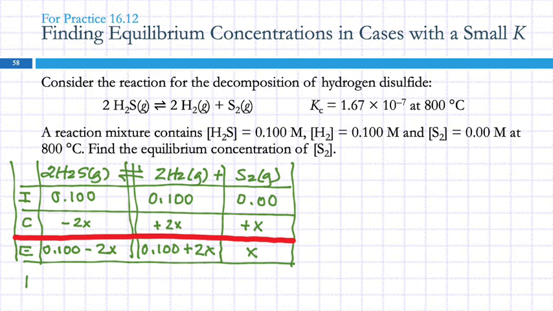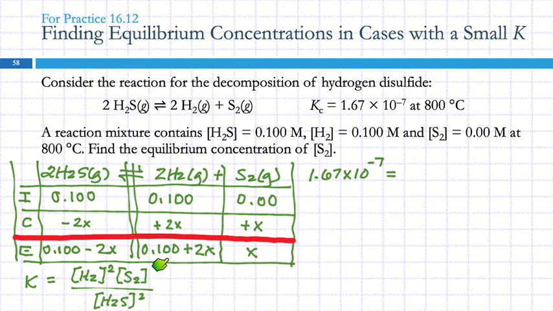We're going to write our equilibrium constant expression from the chemical equation. We're going to have H2 squared times S2 divided by H2S squared. Now we're going to put our equilibrium constant, 1.67 times 10 to the minus 7, and these expressions into that.